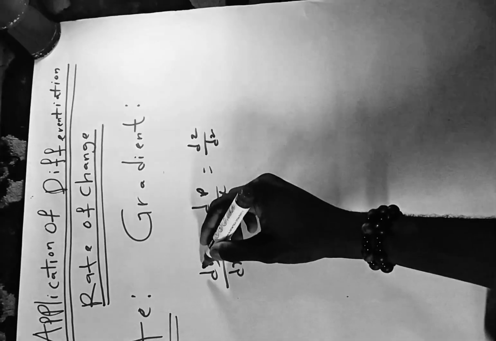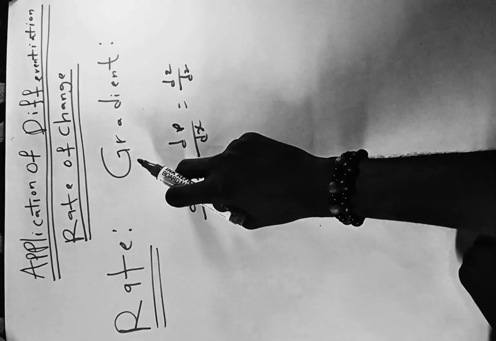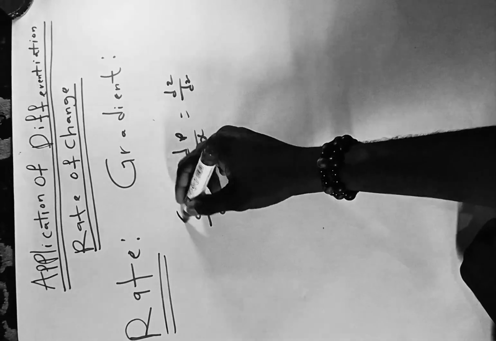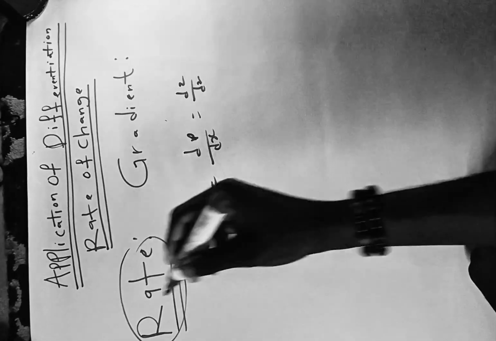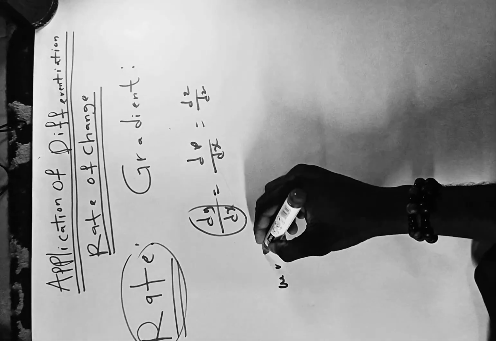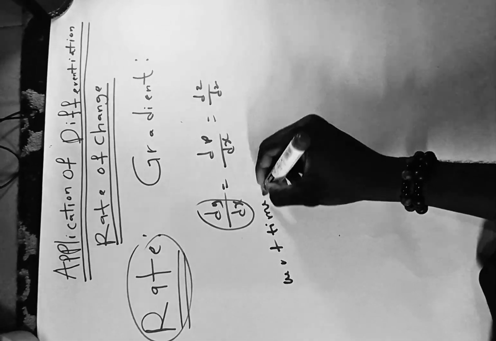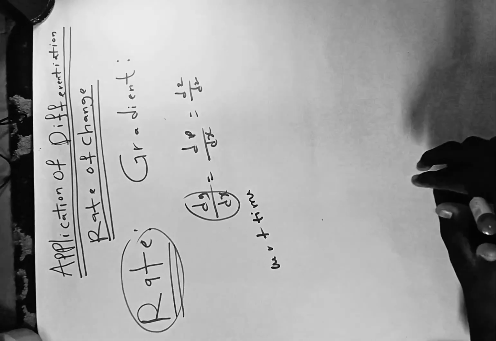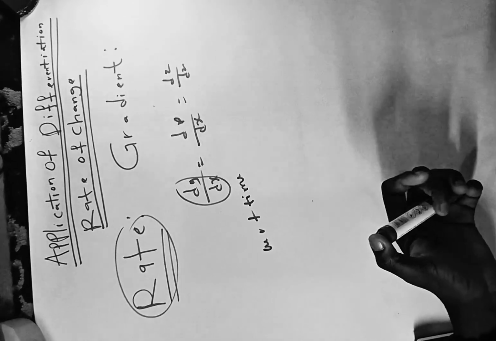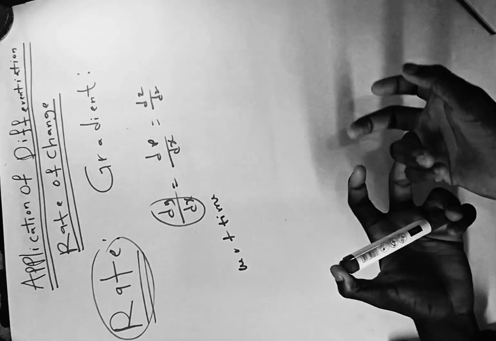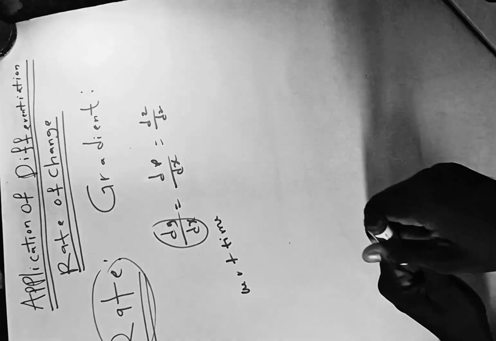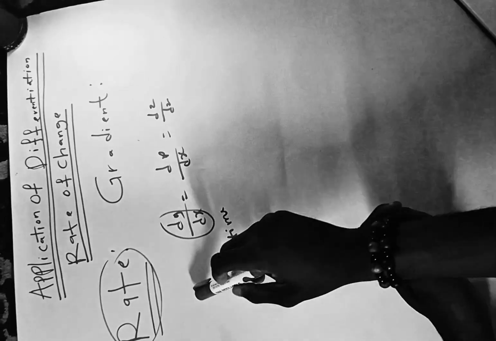The difference between this and rate is that whenever you hear the term rate, it always means with respect to time. So whenever you're given a question and you're asked to calculate rate, you know that you're calculating the rate of change of some function or some variable with respect to a parameter, and that parameter is time.